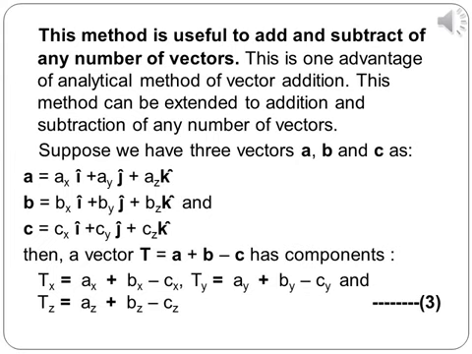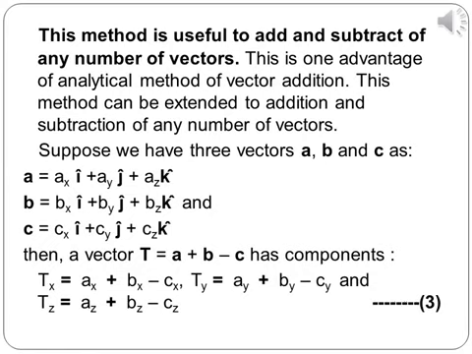Suppose we have three vectors, vector A, vector B, and vector C. In three dimensions, these vectors can be analytically written as vector A is equal to Ax i cap plus Ay j cap plus Az k cap, vector B is equal to Bx i cap plus By j cap plus Bz k cap, and vector C is equal to Cx i cap plus Cy j cap plus Cz k cap.